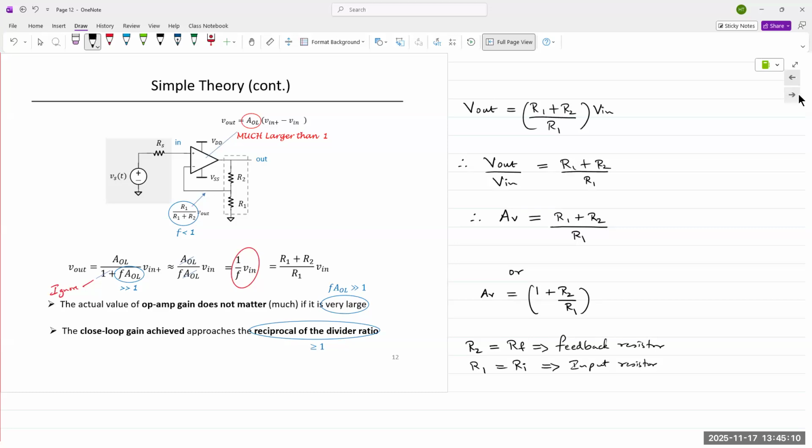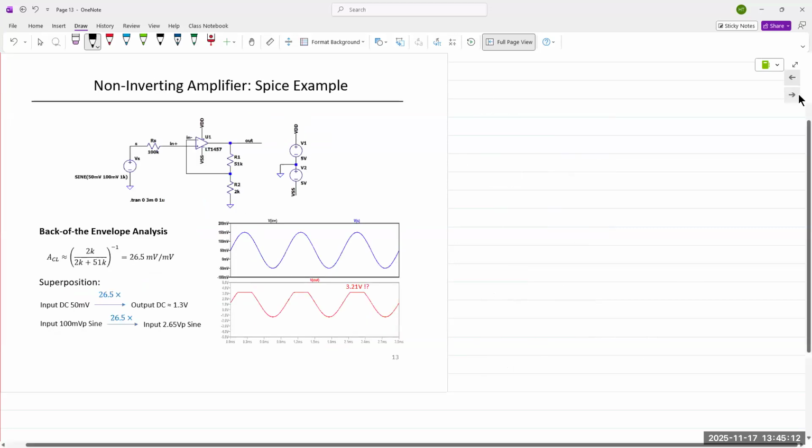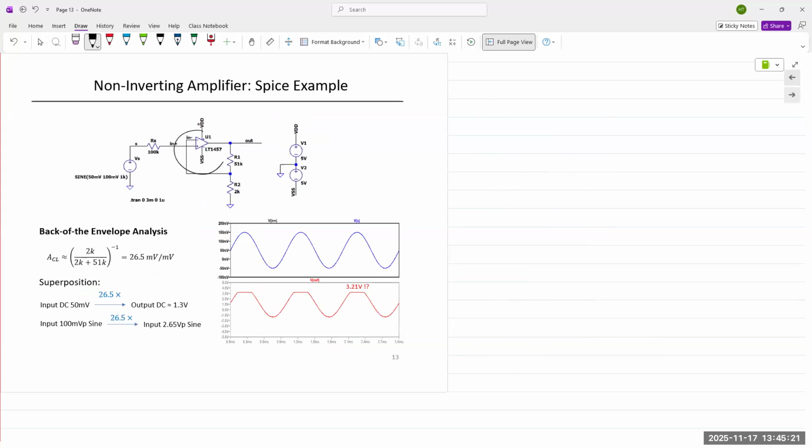Okay. So let's look at a SPICE simulation. This is something that, again, students are strongly advised that they can run at your own end. You have an op-amp, LT1457, a typical standard op-amp. We are applying a sine wave, 50 millivolt offset with 100 millivolts peak to peak.